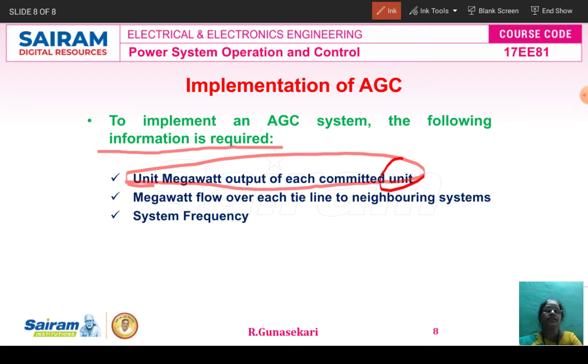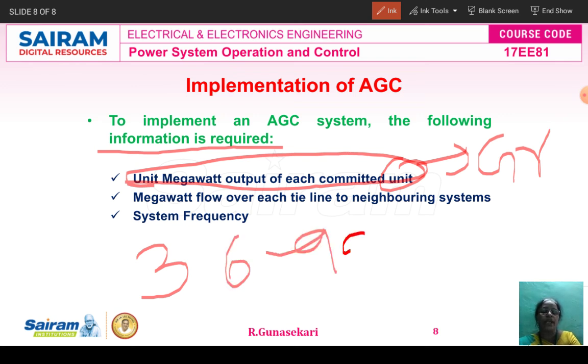Unit means generator. Suppose the power system consists of 3 units, and only unit 1 is committed from 6 am to 9 am to meet our load demand, so that particular unit 1 alone supplies the megawatt output. This is the first one.